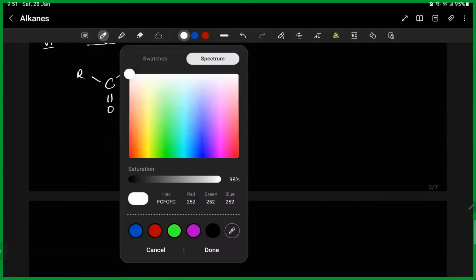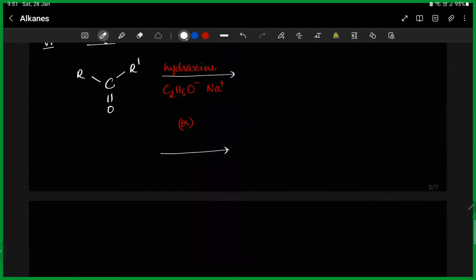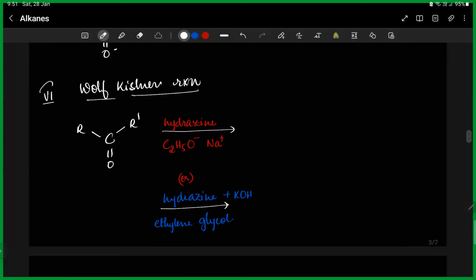Here we'll use hydrazine. Here also we'll use hydrazine, but we are adding KOH and then ethylene glycol, in presence of ethylene glycol. In both cases, you can break the product CH2 R prime.